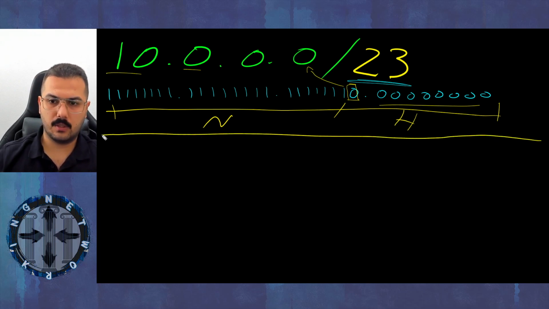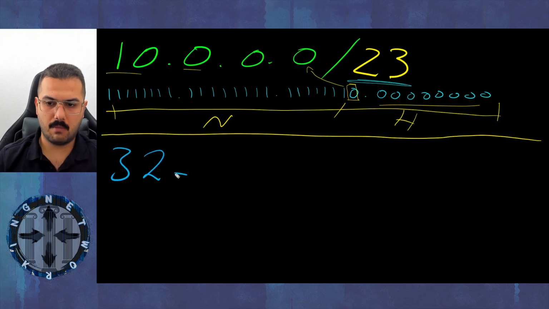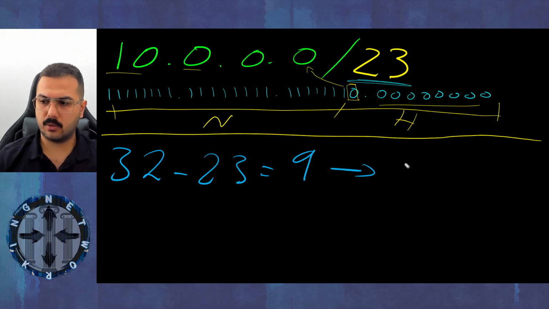Same rules, you and I again. These rules say 32 bits minus 23 bits from the subnet mask equals, was it 11? It was 9, I'm sorry. It is 9. So this leads us to 2 to the power of 9, using a calculator, this equals 512.